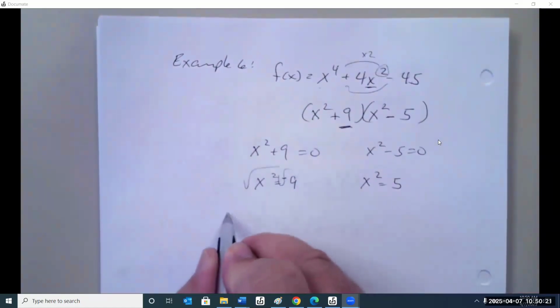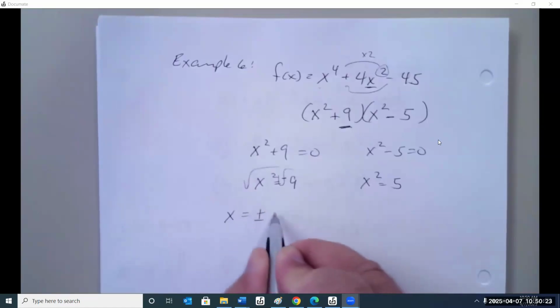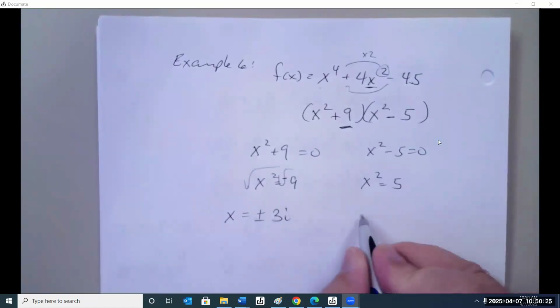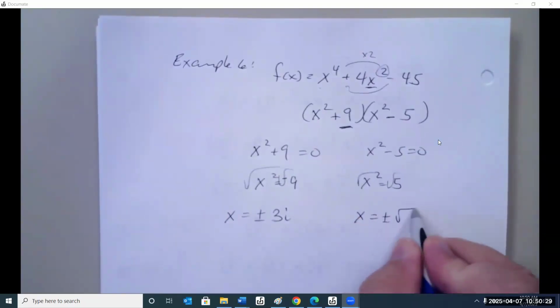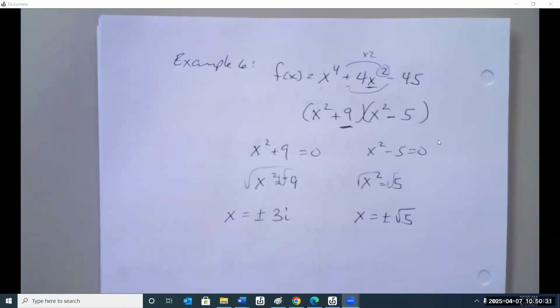Square root, we get x equals plus or minus 3i, and x equals plus or minus square root of 5. Those are all my solutions.